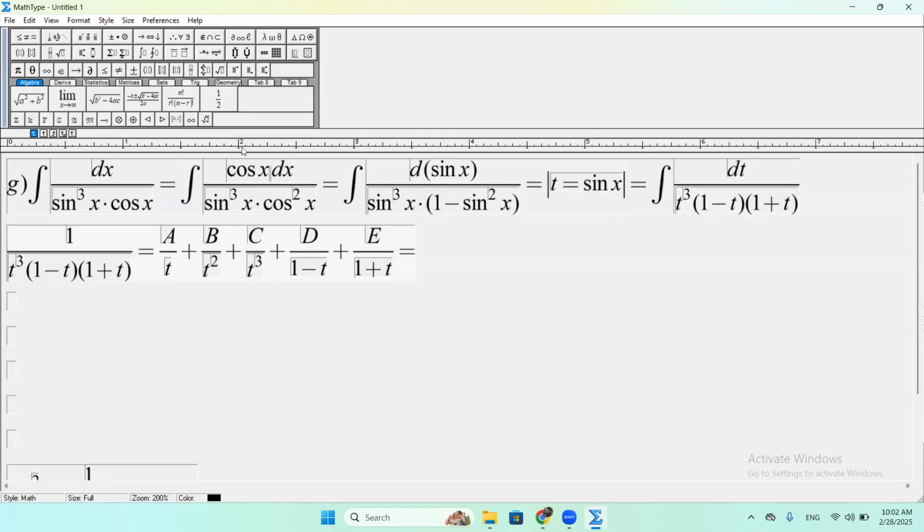So doing the same stuff that we did before. So now finding the common denominator. So now we are adding all these fractions.